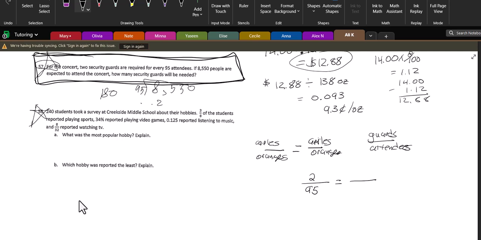And I am expecting 8,550 people to attend the concert. Those are attendees, so they go in the denominator, 8550 attendees, and I want to know how many guards. That's my variable. When I have a proportion like this set up, I solve it by cross multiplication. I multiply these two together, 2 times 8550, and then an equals, and I multiply these together, 95 times x is 95x.